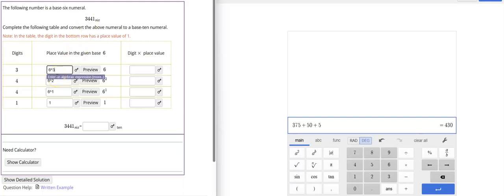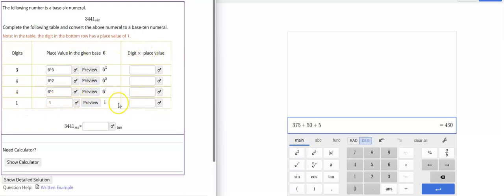If you want to simplify 6 to the power 1 and write 6, that's fine. It really doesn't matter. You can see the preview is in exponent form. That's okay.